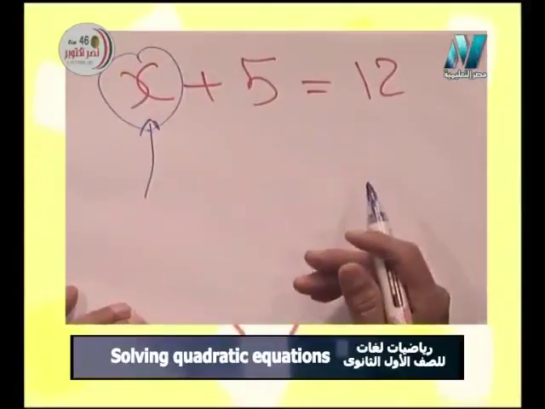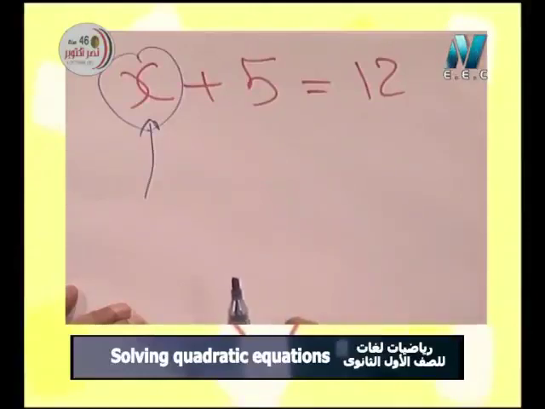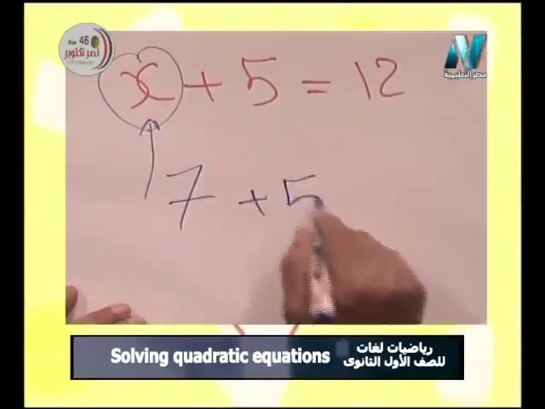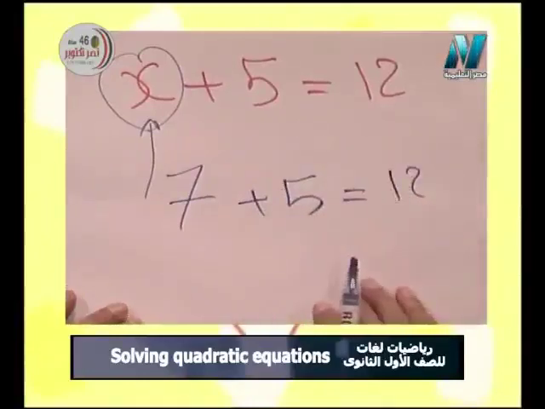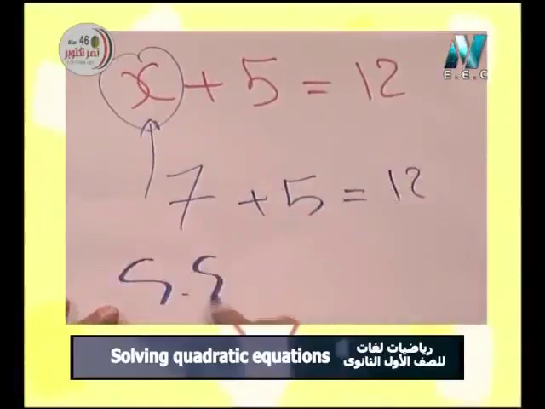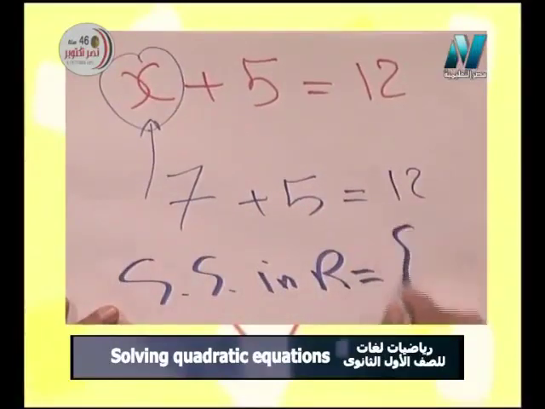You are intelligent students, so it's very easy for you to find that x equals 7. So 7 plus 5 equals 12. So the solution set in R, the real numbers, equals 7.